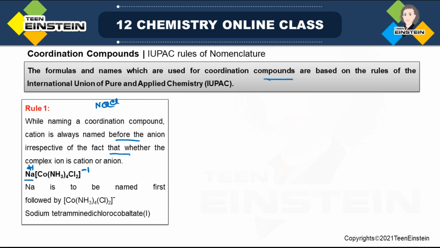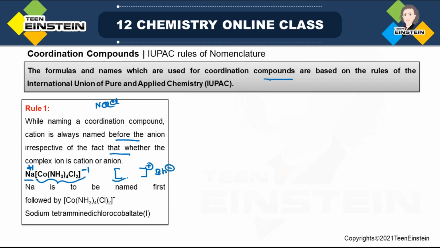Now what is the meaning of this last line? In this particular example, this part is anionic. That means the coordination part is anionic. But another example may also be possible. Suppose here you have any moiety inside, that is not important, but outside, suppose +1 charge, and outside there is Br-.